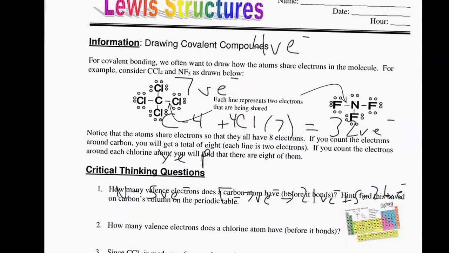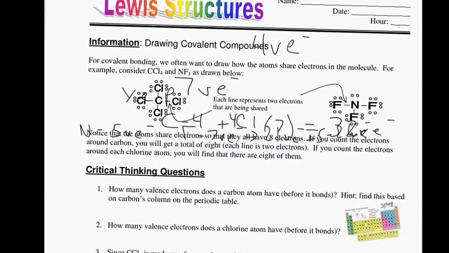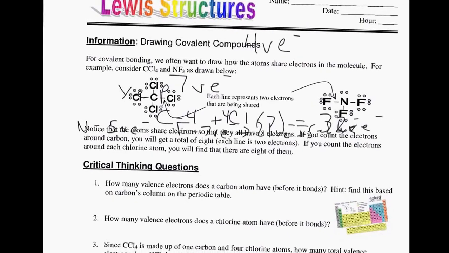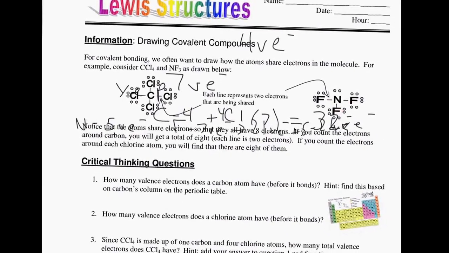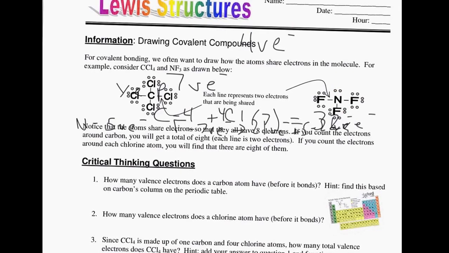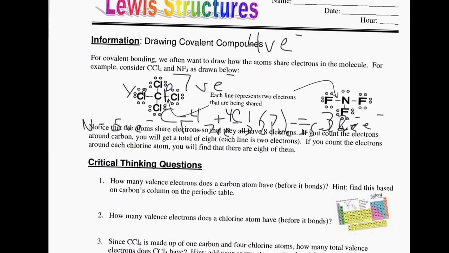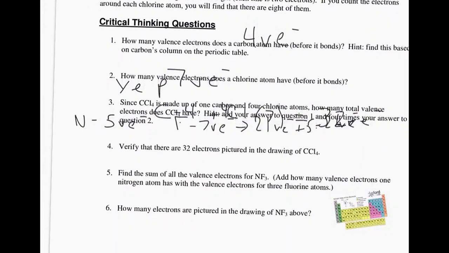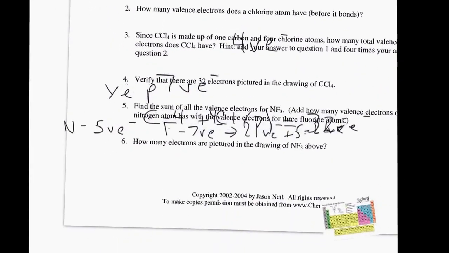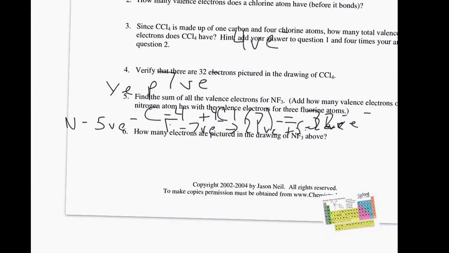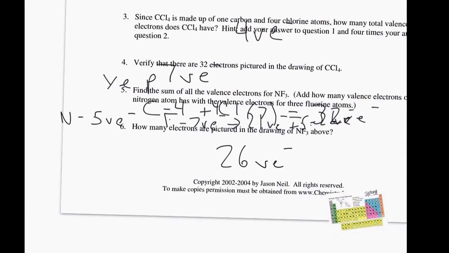And if I go back up here and I count, 2, 4, 6, 8. 6 times 3 is 18. That comes out to be a total of 26 valence electrons.